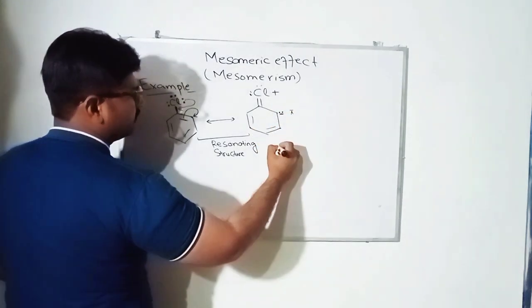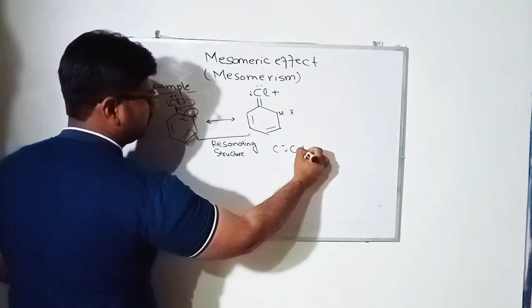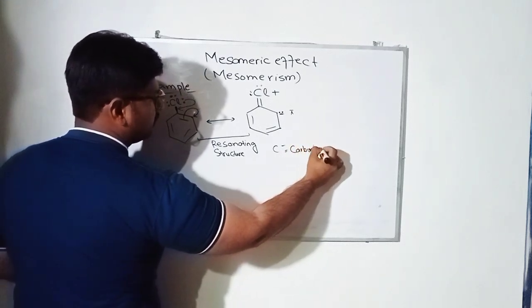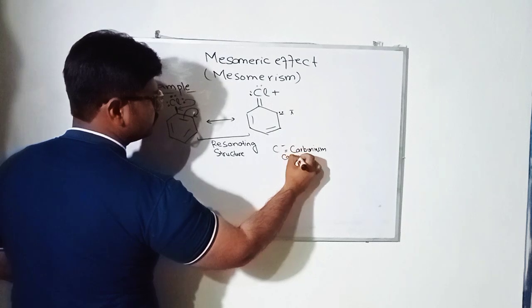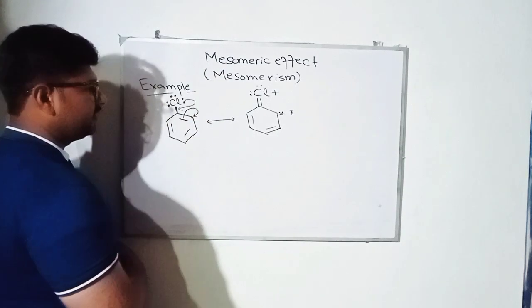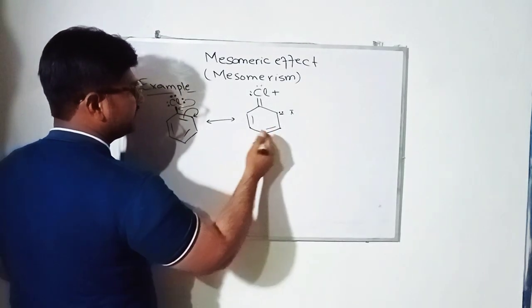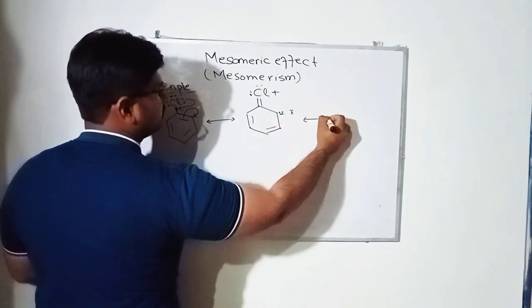So a carbon atom with a negative charge will be called a carbanion. Anyways, we are heading forward and trying to draw further resonating structures of chlorobenzene.